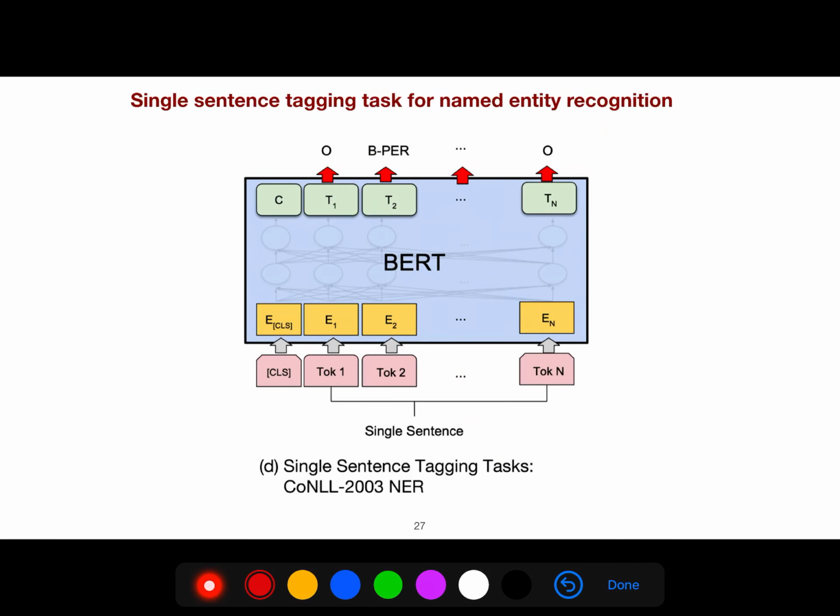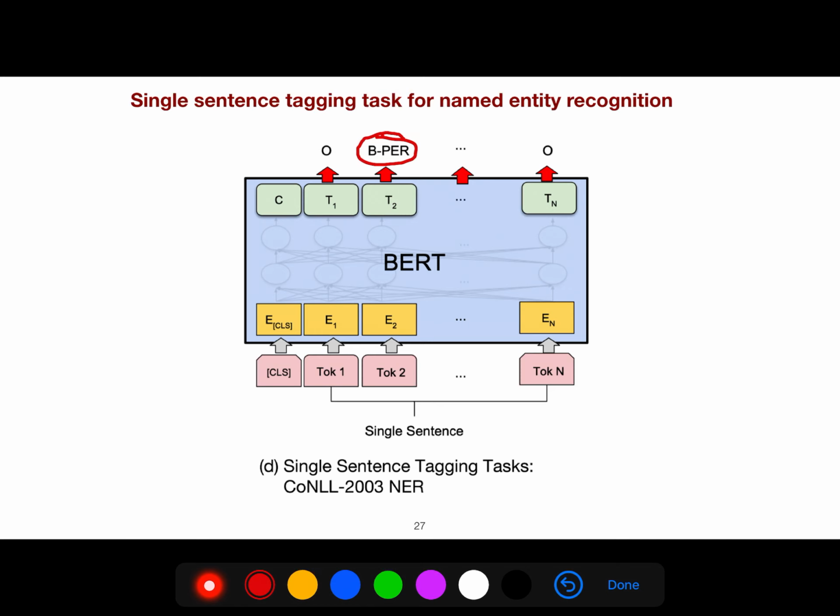So the next application is single sentence tagging, for example beginning of person, these named entities. I have explained this in my CRF playlist, conditional random field, because before BERT we used to work on CRF. Of course, nowadays we can work with a combination of them.